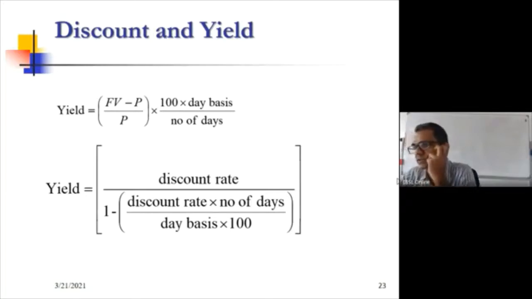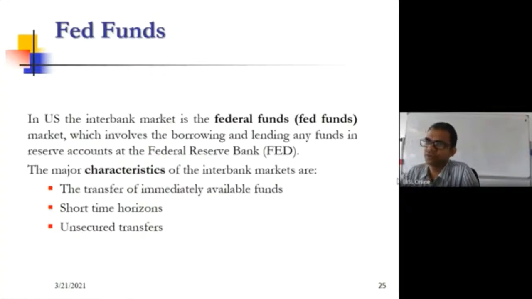I'll do these sort of things on a Word document or somewhere else and upload it. Then anyone who wants to go through that, you can go through. That would be a good solution. Anything else? If not, we'll move into Fed funds.